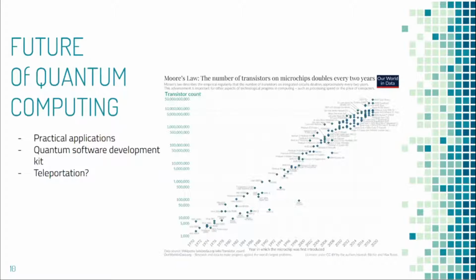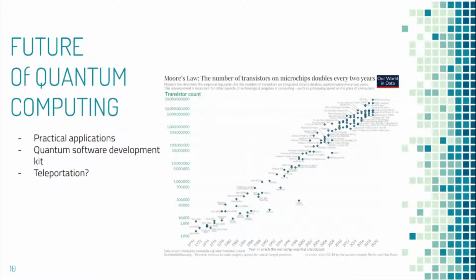So whether or not we would be able to apply or observe Moore's law with quantum computers and get them to be really, really small, that's yet to be seen. But in order to make these quantum computers smaller, we would need to increase the number of qubits and also decrease the error rate or the noise on the qubits.